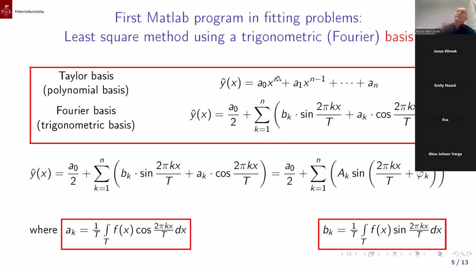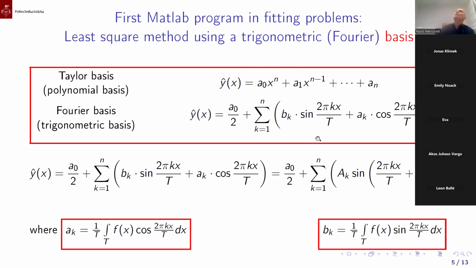It's basically the index of the sum up to n, if you want. Of course, this is a combination of sine and cosine for different mathematical reasons, which I don't want to clarify now because it's a little bit outside of our goal.